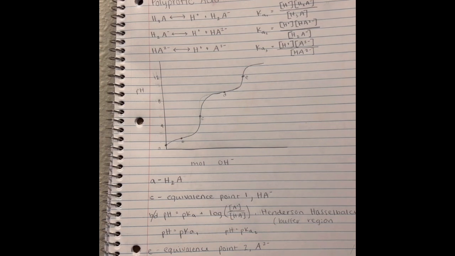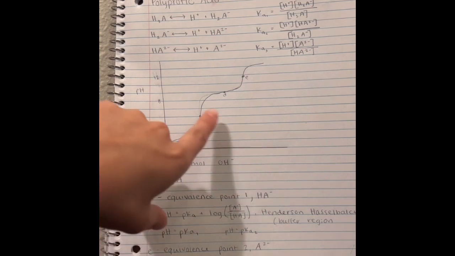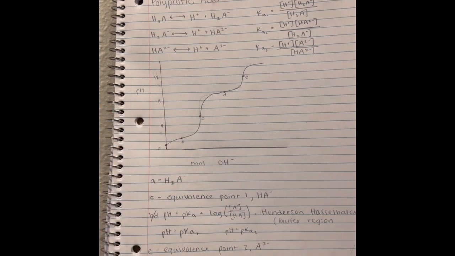At point C, we have our first equivalence point, which means that enough hydroxide anions have been added to completely convert H2A to HA-. So when you take the volume of hydroxide that you needed to reach the first equivalence point and divide it by 2, we reach point B, which is around the buffer region.